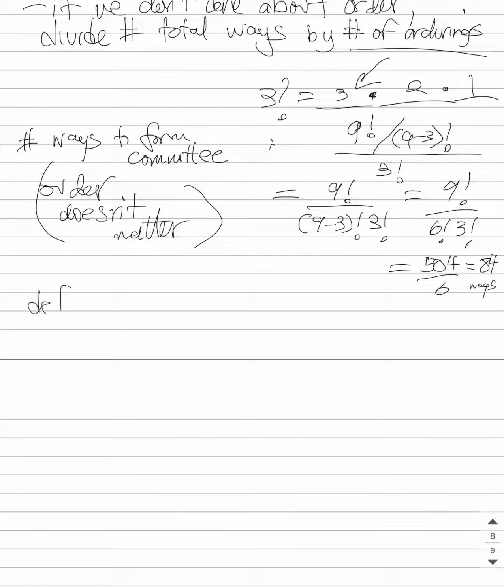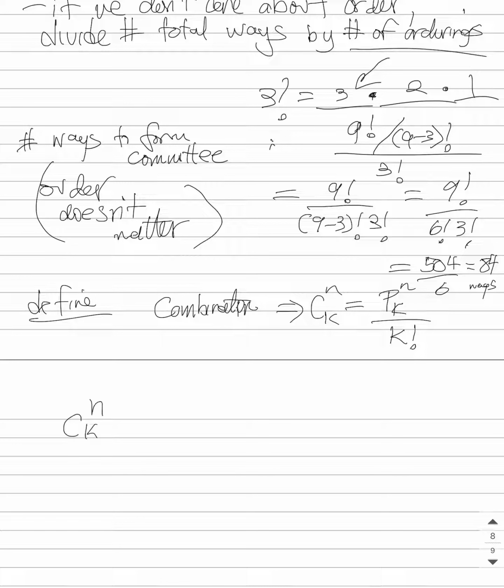So we define this new symbol. We would say this is called a combination. And in this example, the combination, we're going to use this same symbol, n choose k. We're going to take that permutation that we had before and then just divide by the number of orderings in the size of the group.